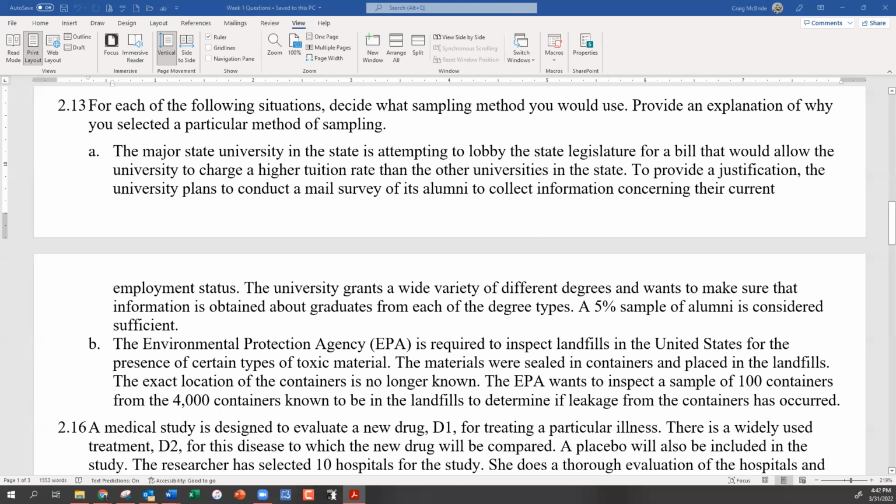Yeah, and that's exactly where the problem comes from, a lot of students think they're going to do cluster sampling, thinking that the clusters would be like each landfill or something like that. But the problem with that is, as you said, they don't know the exact location of the containers. So the only way to do this one is to just do simple random sampling. Just keep poking a stick into the ground until you find 100 containers and then you stop. Right, thank you. Yep.